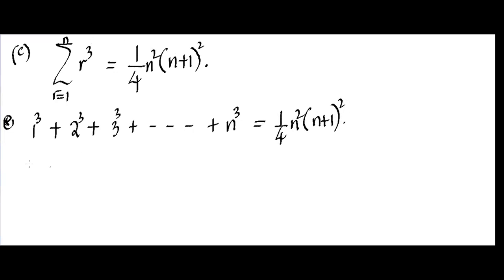So at that instant, the process is the same. Set n to 1. That means on the left-hand side, capturing 1 cubed, which is 1.